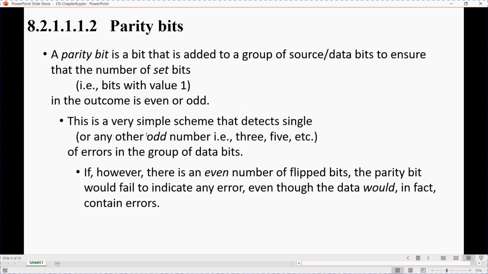This is a simple scheme. It detects single errors. In fact, it will detect an odd number of errors. If the data includes an even number of mistakes, then a single parity bit won't detect the problem.